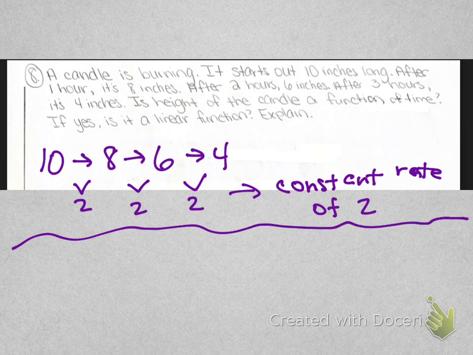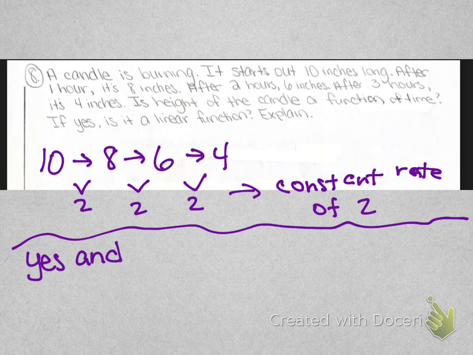It asks us, is height of the candle a function of time? So does the height of the candle, because the first characteristic listed is your y, your dependent, depend on time? The answer is yes, because the candle's on fire, it's burning. So the height of the candle depends on how long it's burning. So yes. And then it asks us if yes, is it a linear function? Explain. A linear function has to have a constant rate of change.